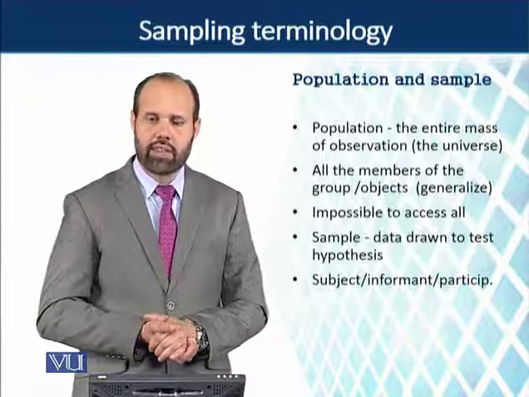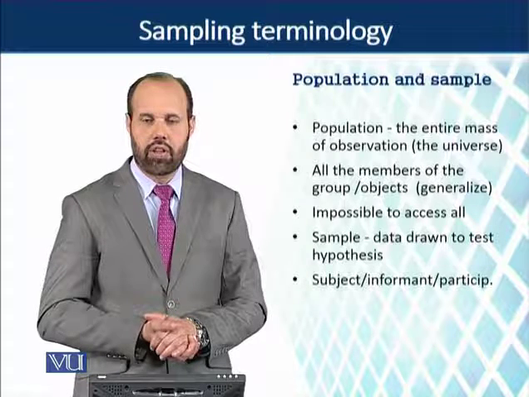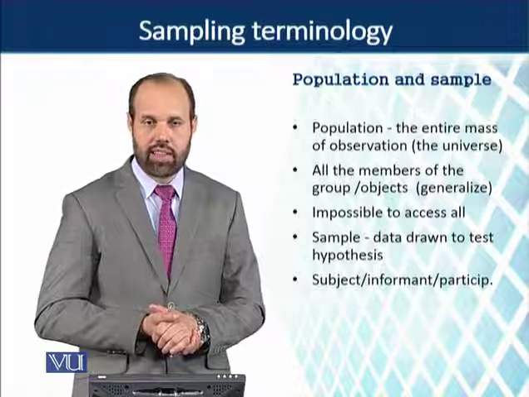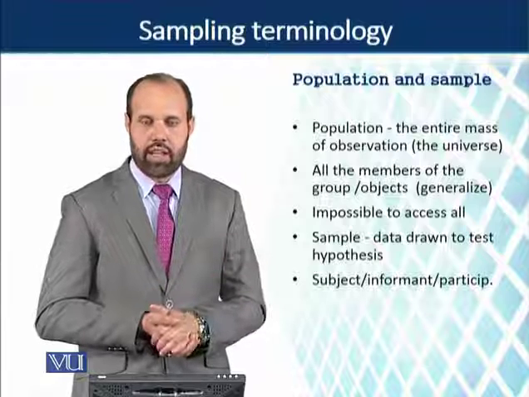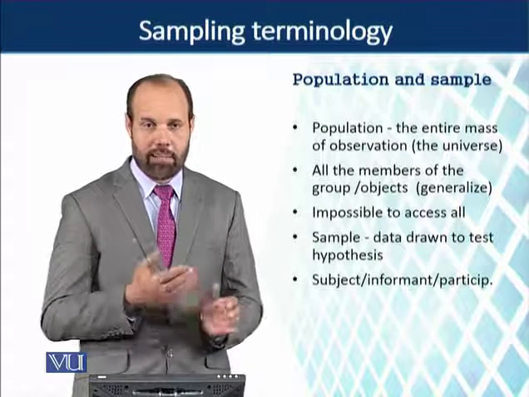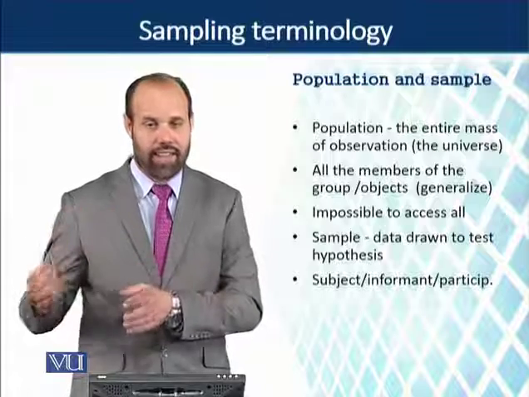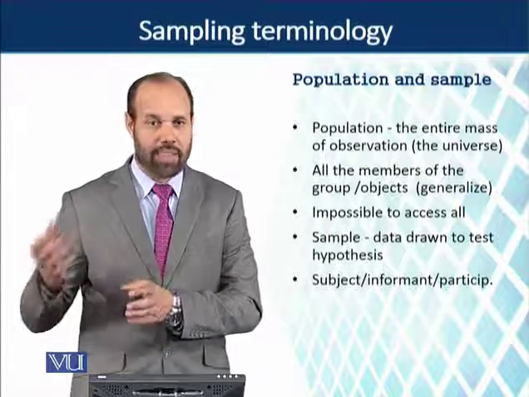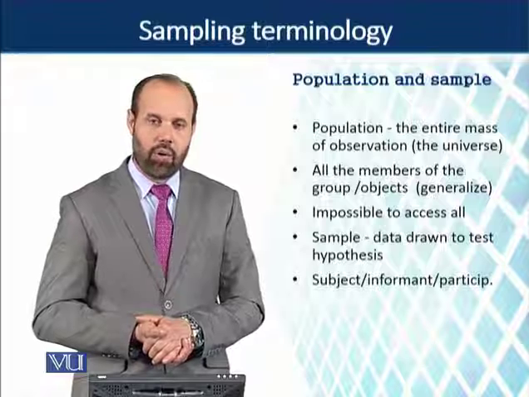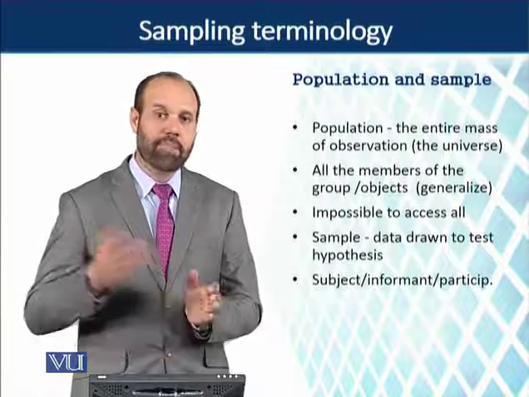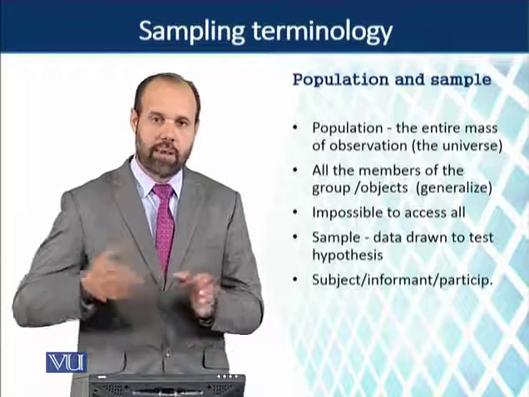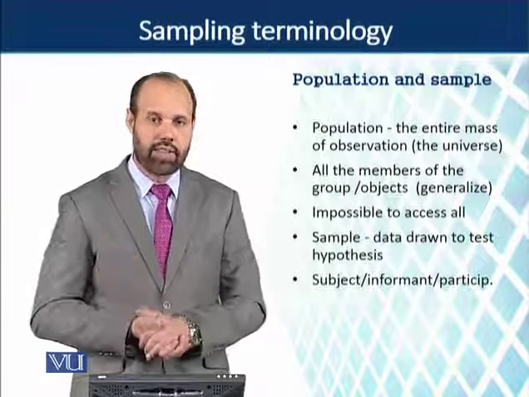There are some other terms which are used for a sample, like subject. Then we also use informant for sample, like we are informed by our sample. And then we also use participant, because those samples are basically participating in our studies, right?